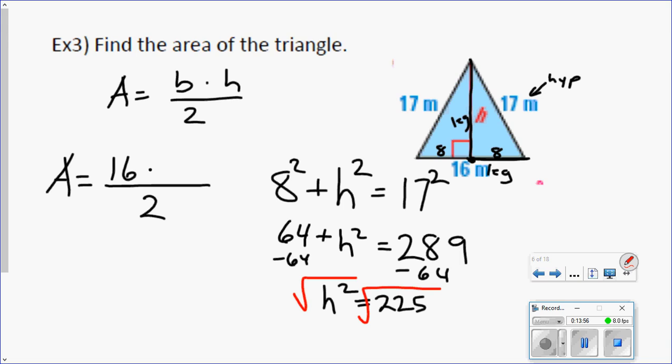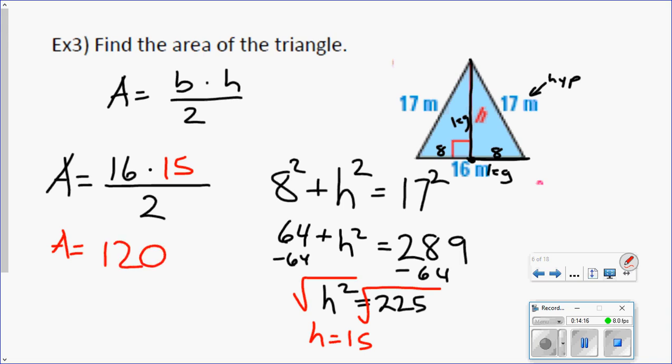It comes out nice and even, 15. I'll put that 15 there. 16 times 15 divided by 2 is 120.